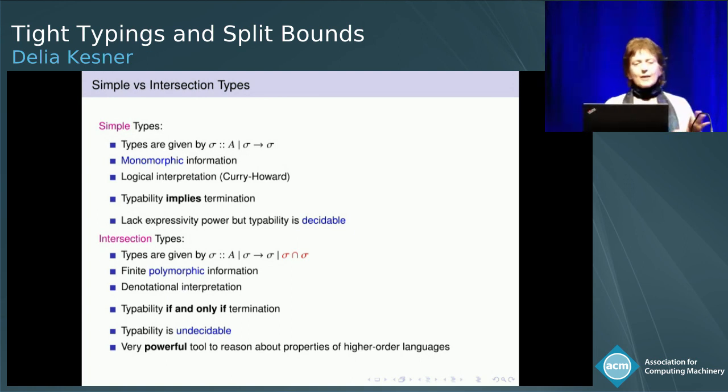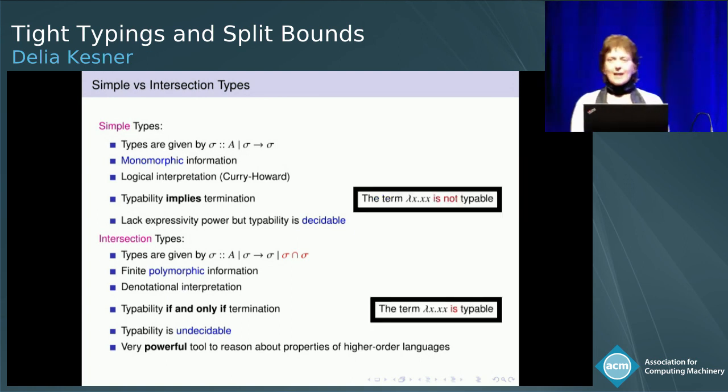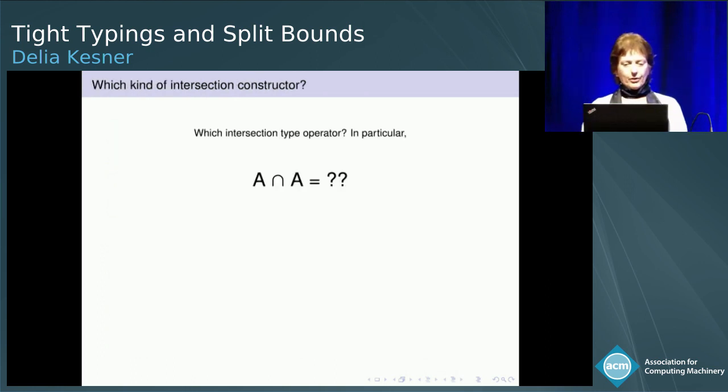Just to fix things, a typical example of a term which is typable with intersection types but not typable in simple type theory is the self-application function, lambda x, x applied to x. This is typically a term which is typable and terminating at the same time, and so you will find this in intersection type theory.